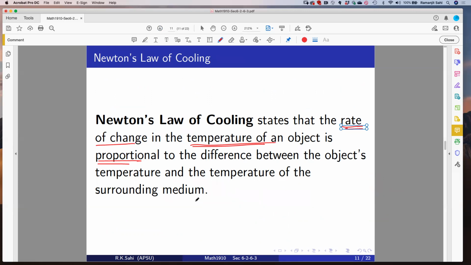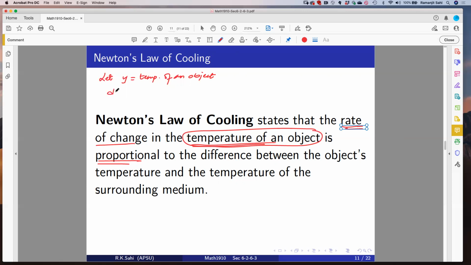So here's the rate of change in the temperature of an object. The variable we are looking at is the temperature of the object. Let's write it in a nice little equation form. Let Y be the temperature of an object, and the rate of change is proportional.